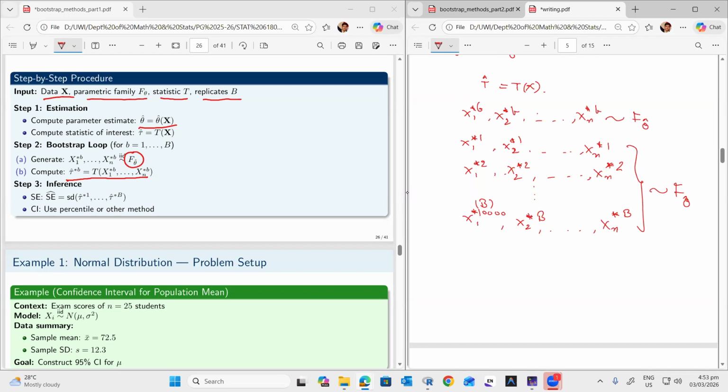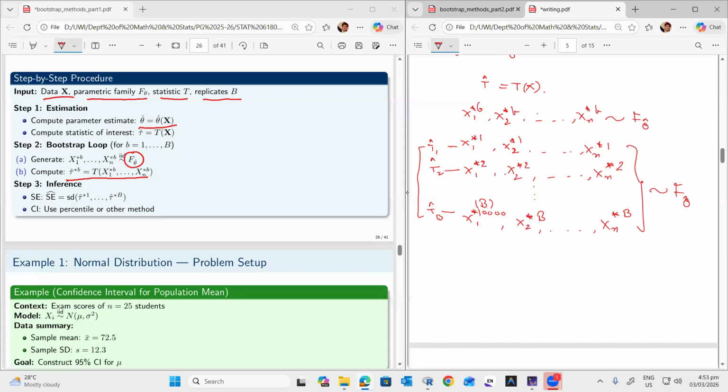After that, with respect to each sample, I will calculate tau 1 cap, tau 2 cap, up to tau B cap. So I will get capital B statistics. All right.